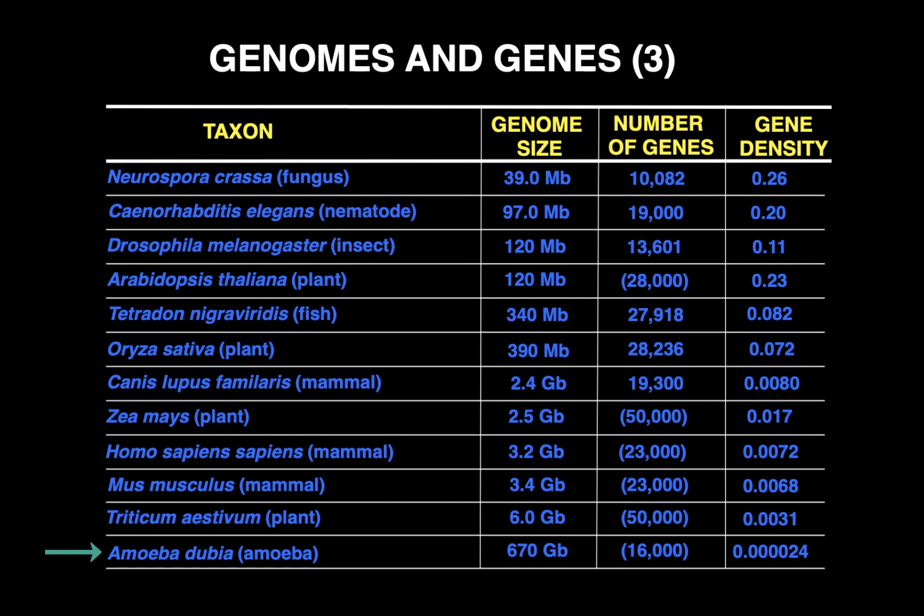And you can also see that the gene density is going down, so they have a lot more DNA, but all of that DNA does not become genes, that is mRNA genes encoding proteins. But that doesn't mean that it's all junk, as it once was thought. A lot of those sequences are doing many, many different jobs, including structural parts of the chromosome and controlling expression of the mRNA genes as well as other genes.